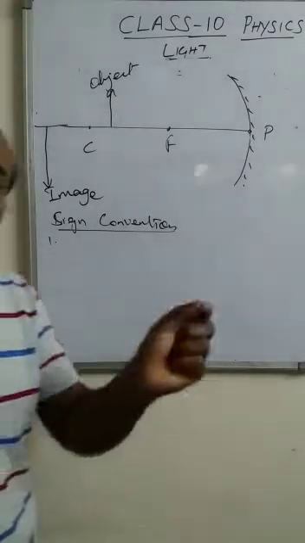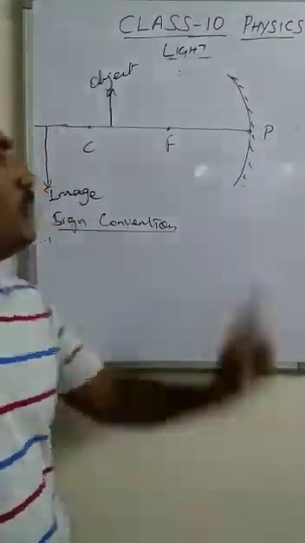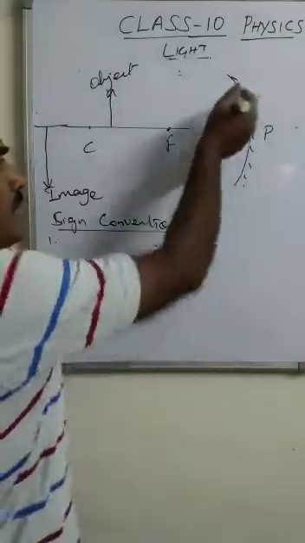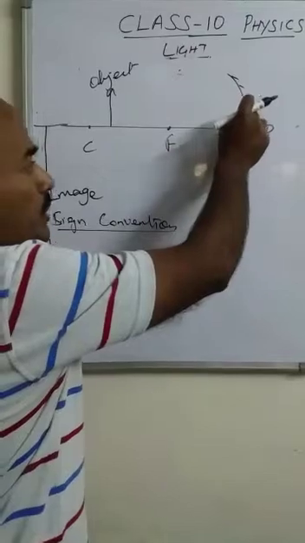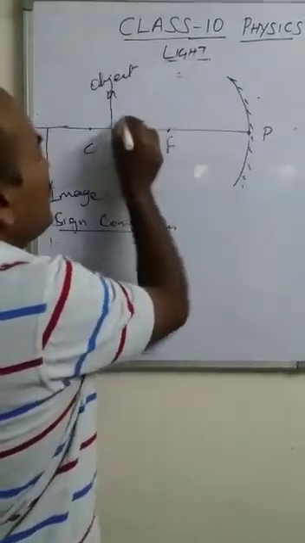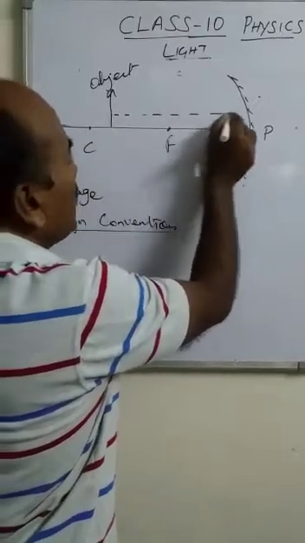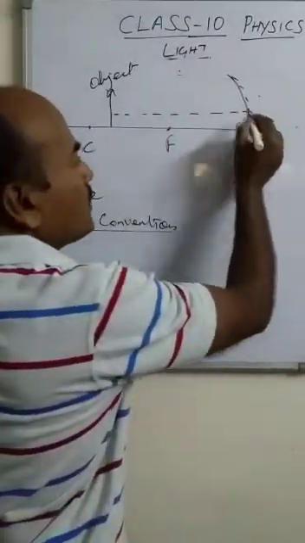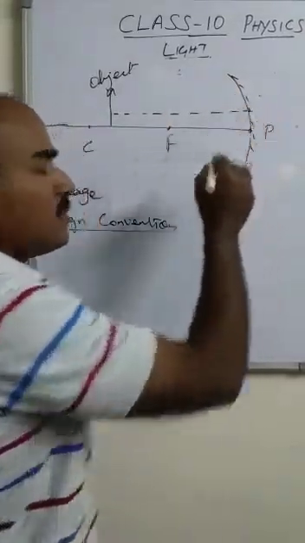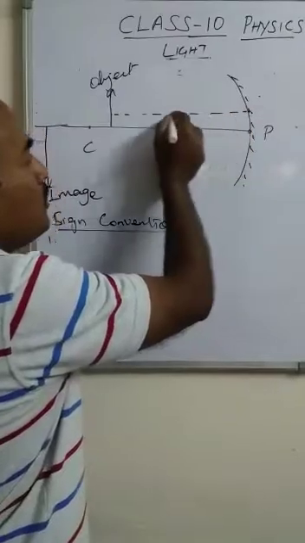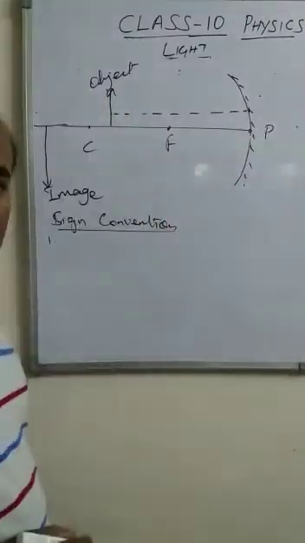Suppose we are using a scale to measure the distance of objects. In that measurement, the measurement should start from the pole and it is measured in this direction. Suppose this is the scale and the zero of the scale must be placed at the mirror. From 0 we count 0, 1, 2, 3, 4, 5 like this.